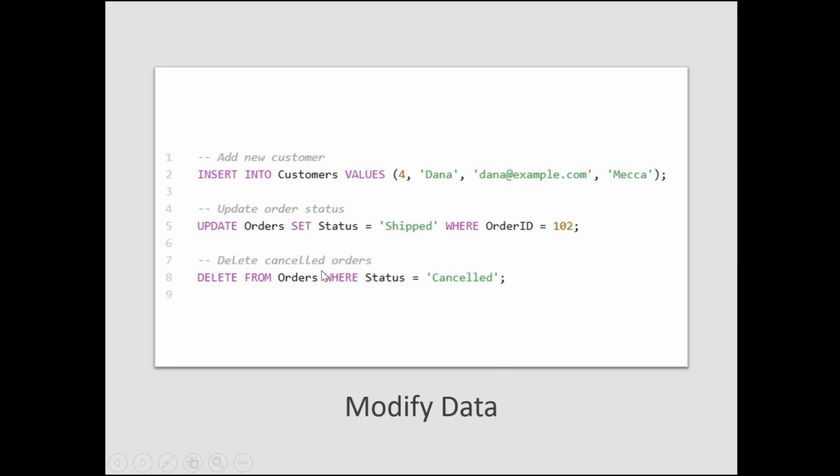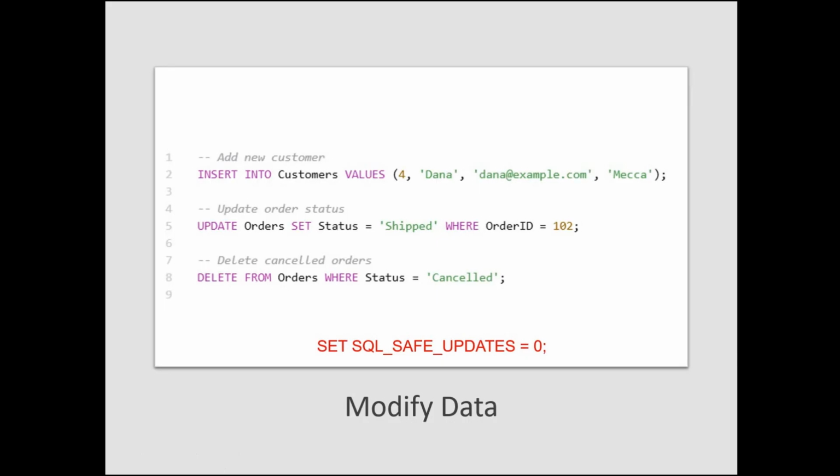Delete cancelled orders. If we want to delete the cancelled orders, we don't want them in the table, so we can simply write delete from orders where status equal to cancelled.